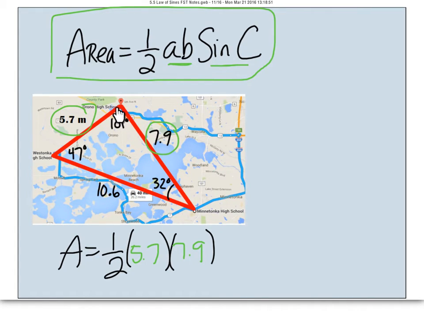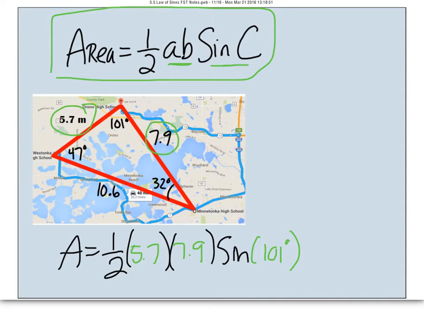Basically, whichever two sides you choose to use, you use the angle created by that. So then I'm going to finish this off and put the sine of 101. Now in my calculator, if I take the sine of 101 and multiply it by these three numbers, I'm going to get that the area equals 22.1 squared miles, just like I did before.